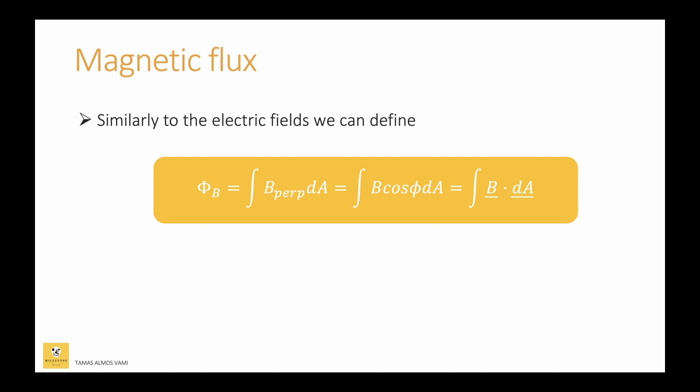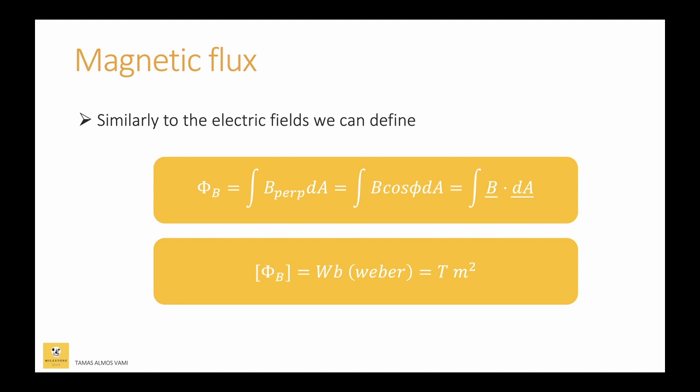So that means a scalar product between the two vectors of the magnetic field and the surface vector, which is perpendicular to the surface and has the magnitude of the surface area. The unit for this is Weber, and that means Tesla times meter squared.